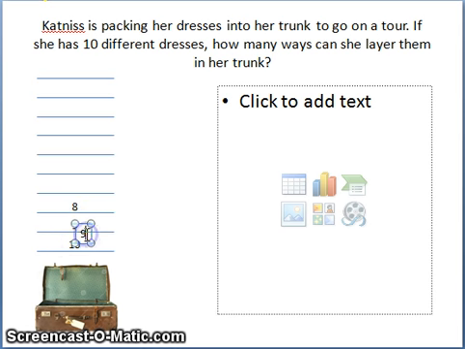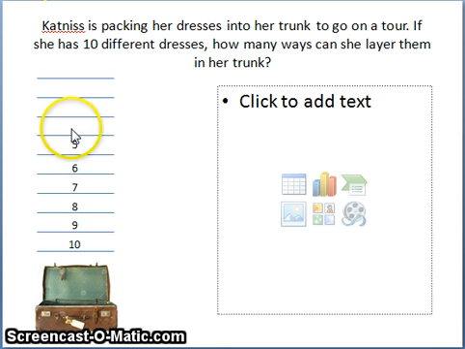Then the next time she'll have 7 dresses to choose from because she's already put 3 in the trunk. And then the next time she'll only have 6 dresses left to put in the trunk. And then the next time she'll only have 5 dresses left.